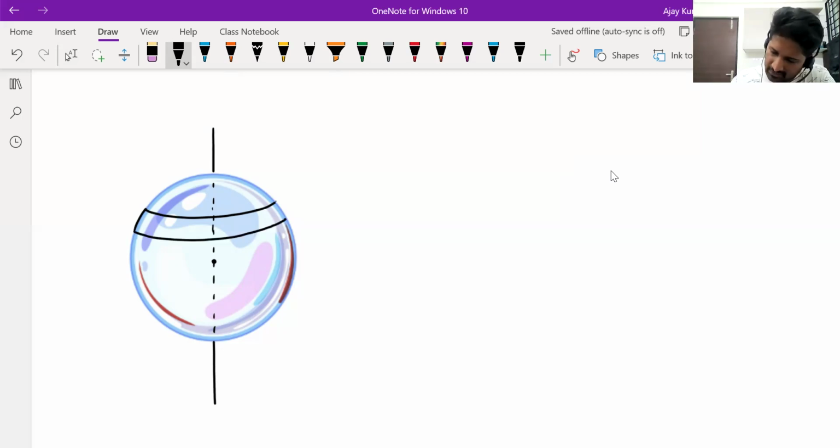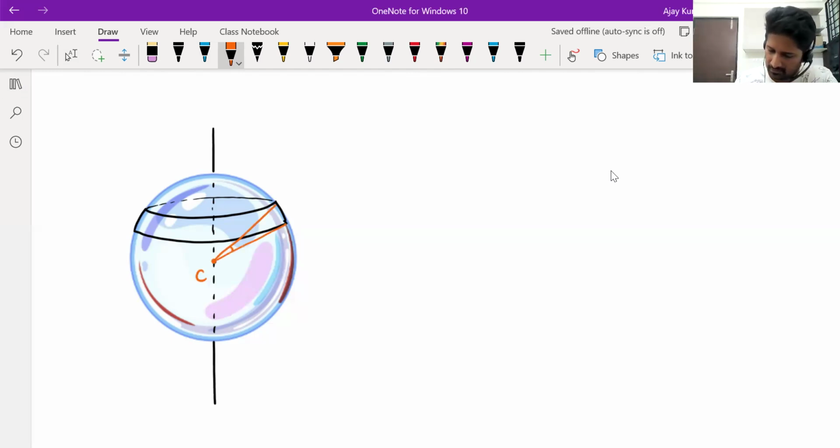Anyway, if you consider the bubble as a collection of rings like this, and because it is becoming difficult to express dm in terms of dr, we convert both dm and r to some other variable, which is nothing but theta. So see, this is the center of the sphere, no? Join the ends of this element to the center. They'll be subtending a small angle d theta.